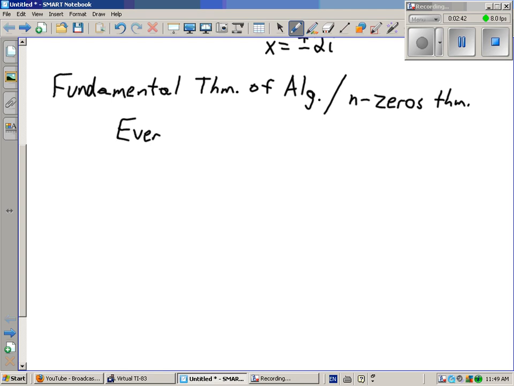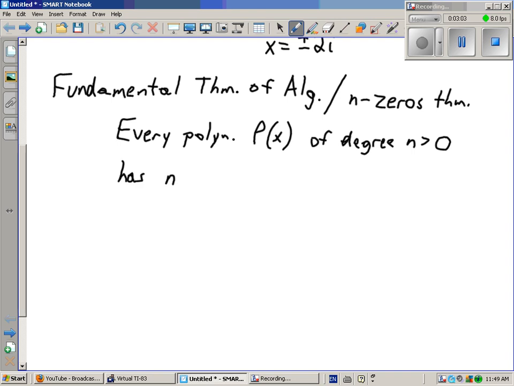Every polynomial, I'm going to call it p of x, of degree n greater than 0, so the degree is 1, 2, 3, 4, and so on, has n zeros. These are not necessarily distinct, and I'll explain what I mean by that in a moment.